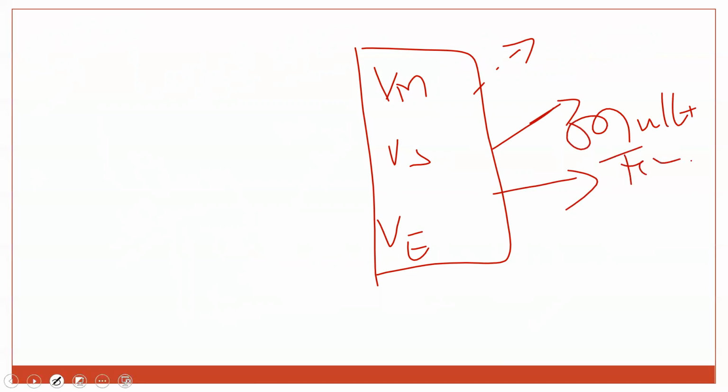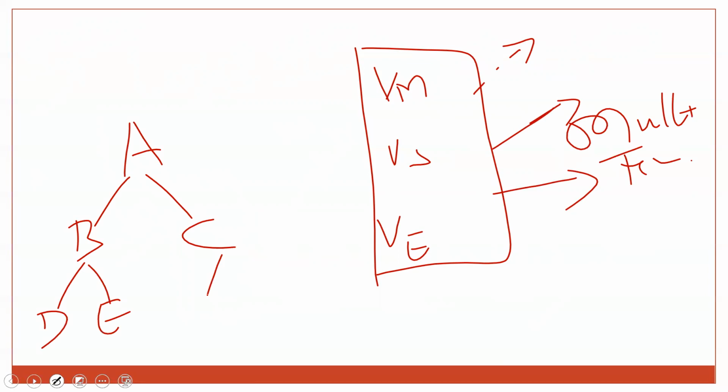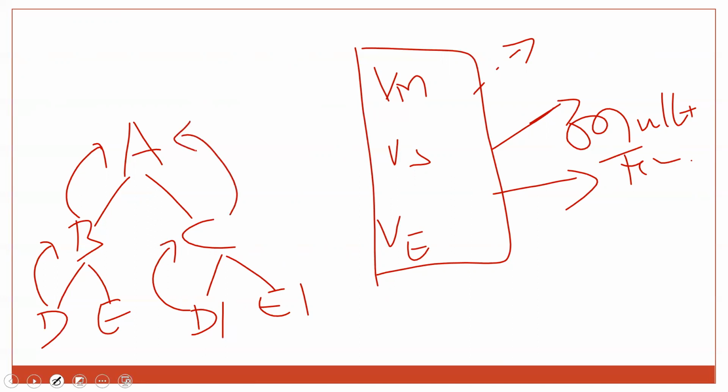If A has a company, B and C, and B has companies D and E, and C has D1 and E1, multi-tenancy means that D belongs to B and B belongs to A. It's like a hierarchy, like a DNS type of hierarchy. D1 belongs to C and C belongs to A. By the end, everything is inside A.